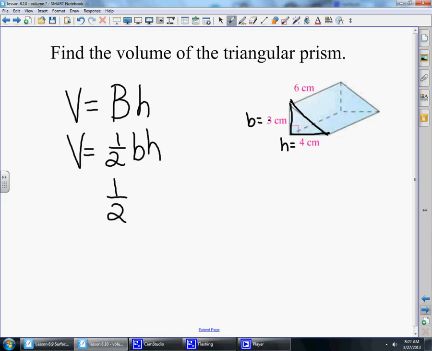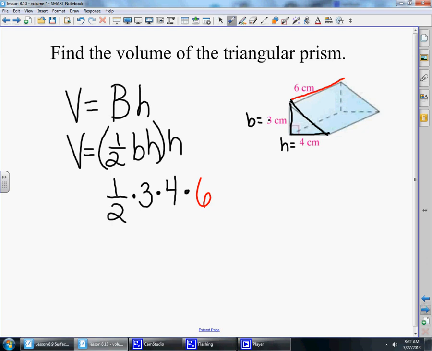So it's 1/2 times 3 times 4. And then we still need to multiply it by the height of the prism. So the height of the prism is this right here, 6 centimeters. So we're going to multiply it by 6.